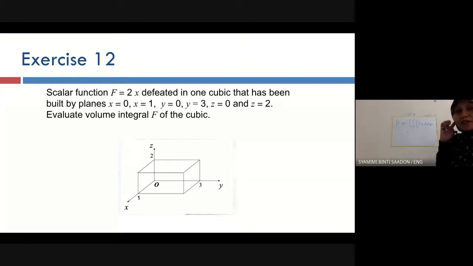So first, we do the integral in terms of x first.